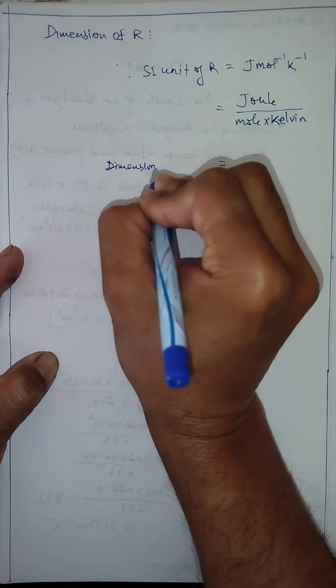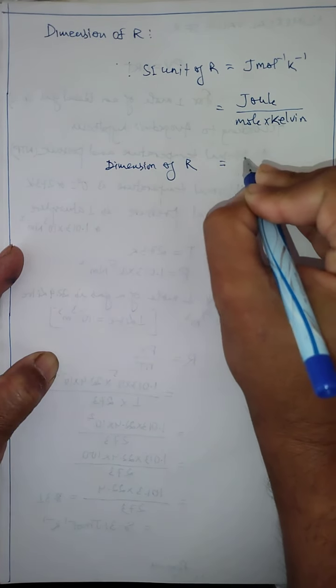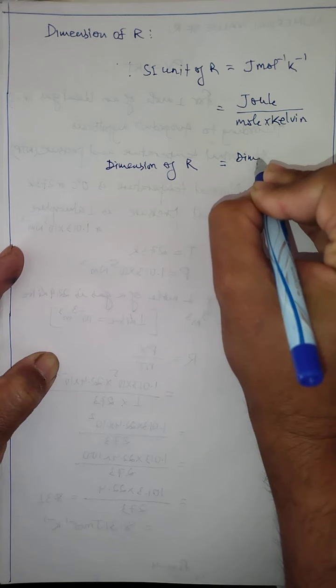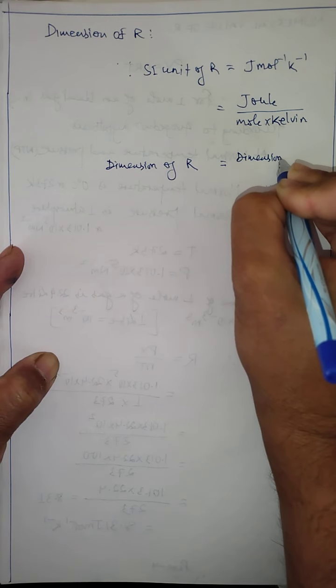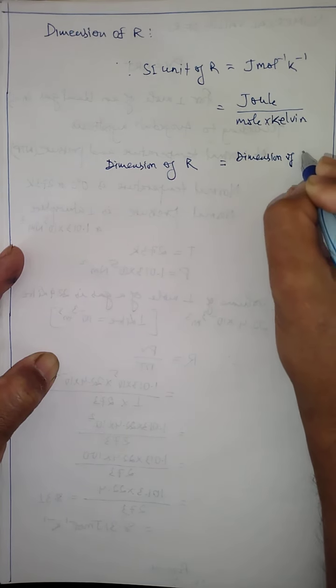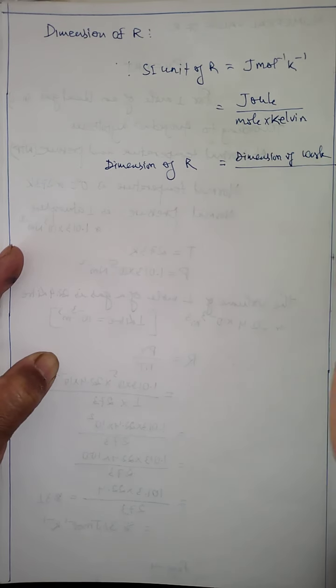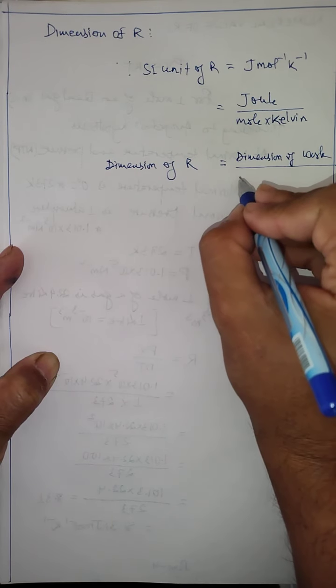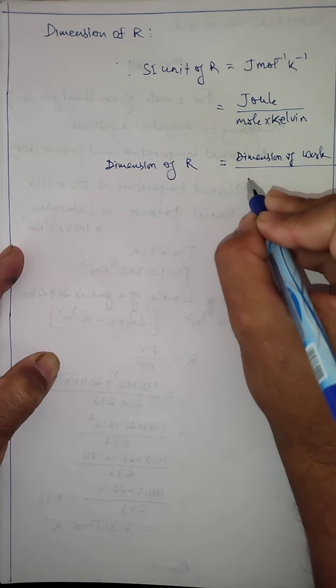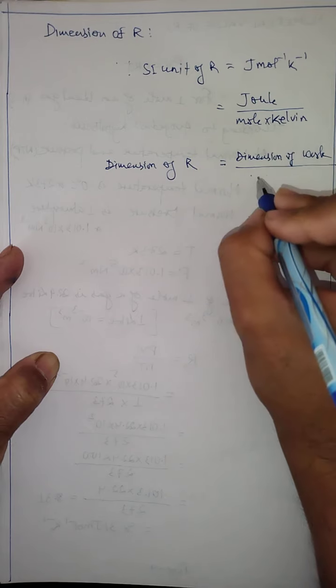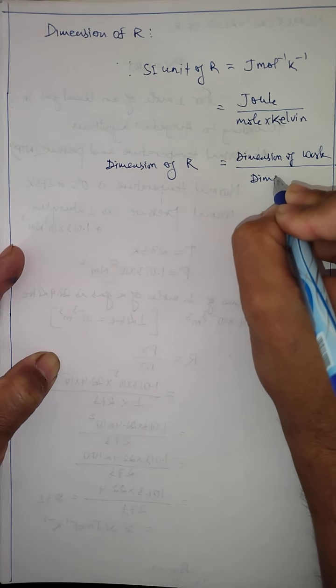So the dimension of R is nothing but the dimension of joule, which is work, by, now mole is simply a number, so it has no dimension, it is dimensionless, divided by the dimension of Kelvin.